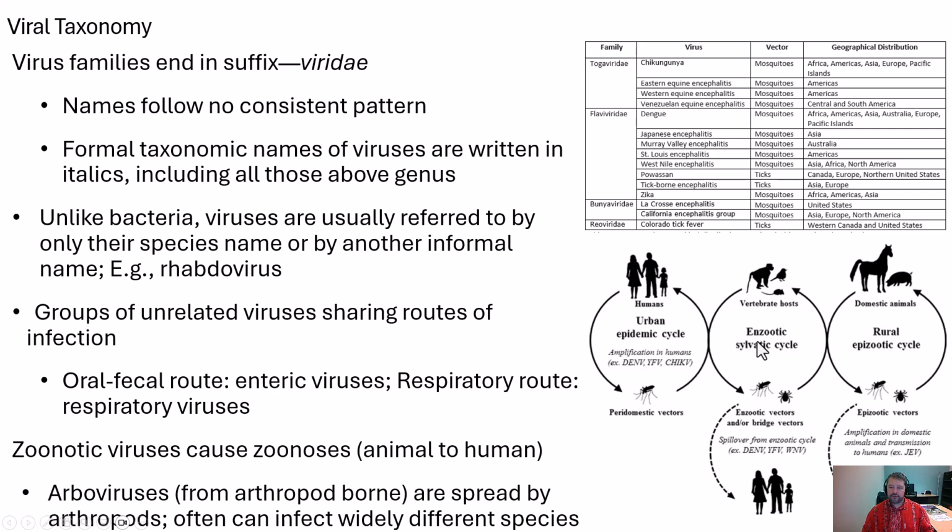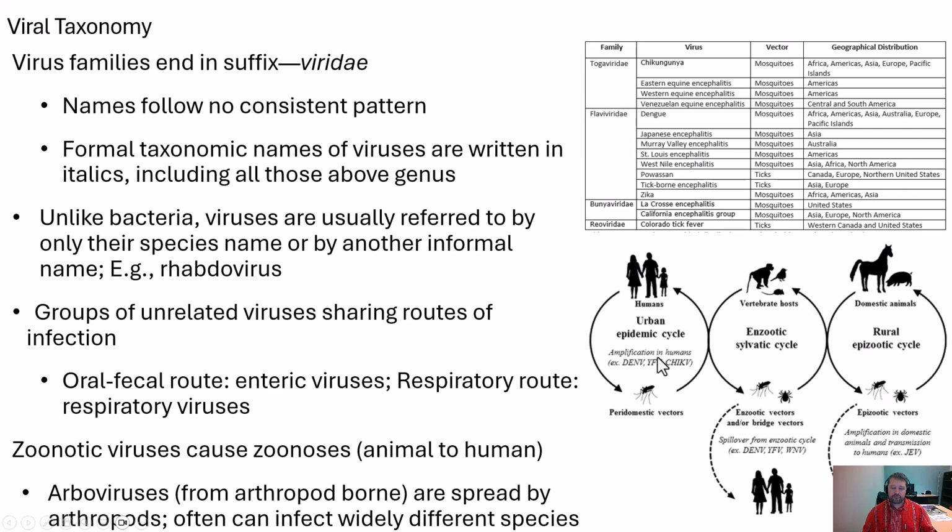Often the enzootic are what we call spillover, meaning that we're not the definitive host. We just happen to be in the region of these wild animals and we pick them up. And so dengue fever, yellow fever, those kinds of things, that virus is normally affecting wild animals, and then when we establish ourselves all over the world, we pick these viruses up because we're encroaching on wild organisms' territory.